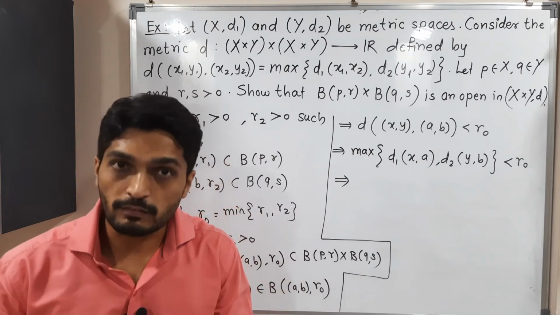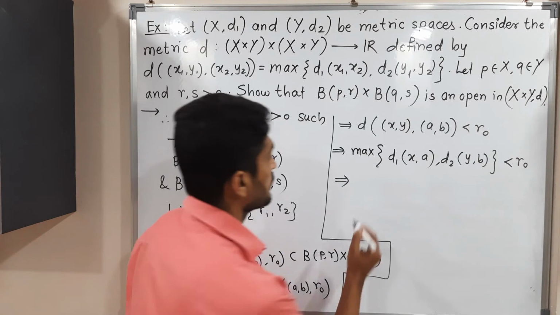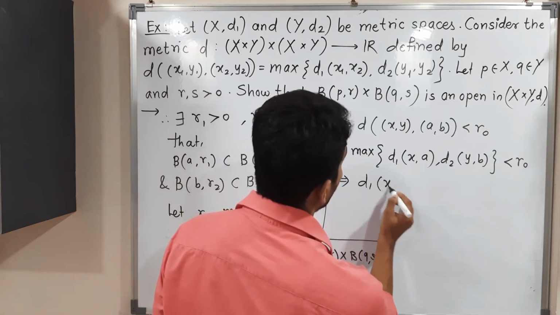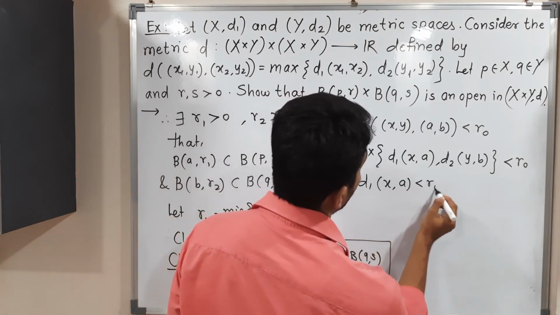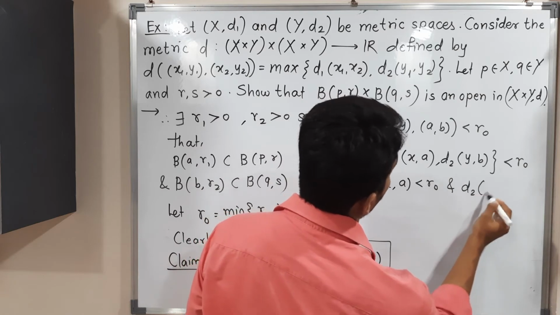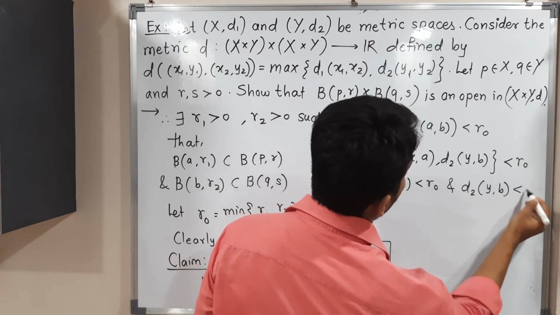That means each of them is less than R0: D1(x, a) < R0 and D2(y, b) < R0.